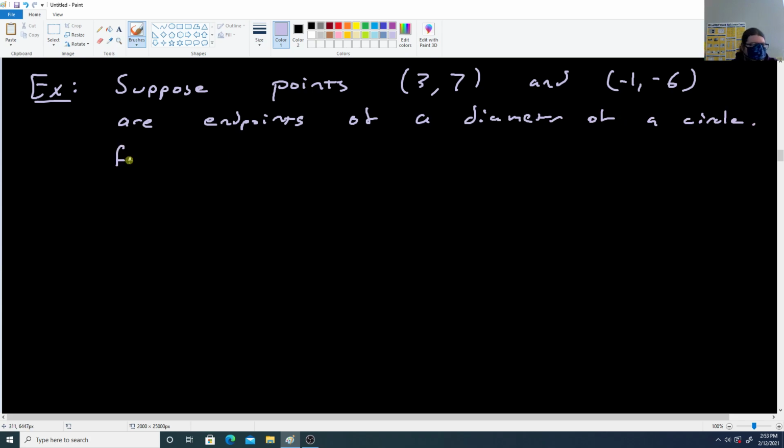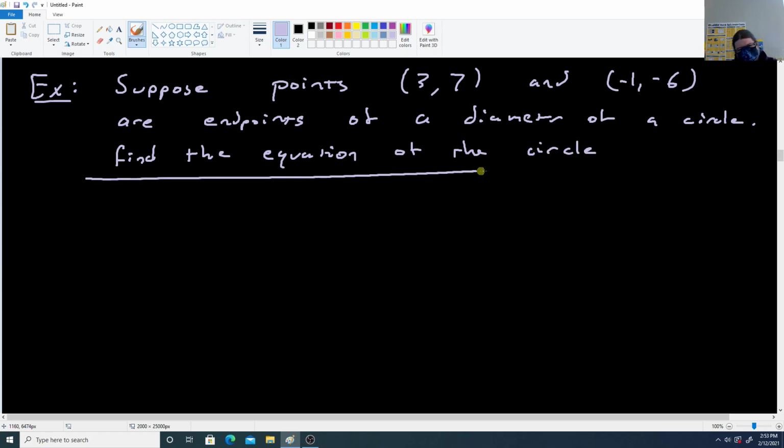What we want to do is find the equation of the circle.